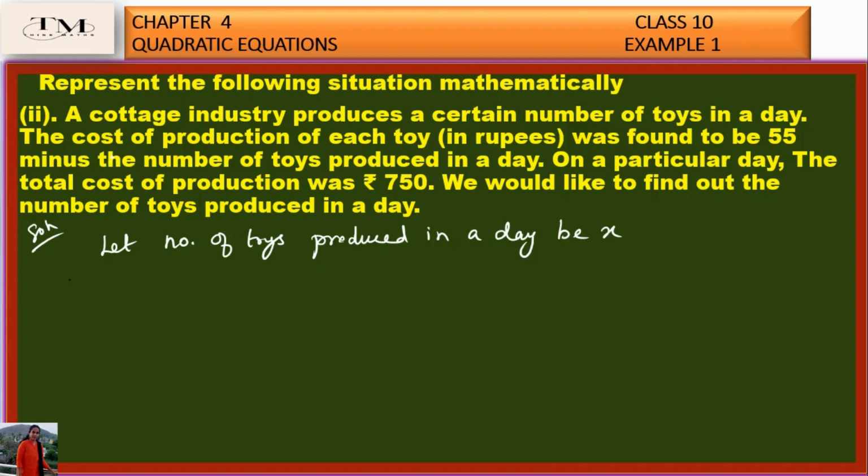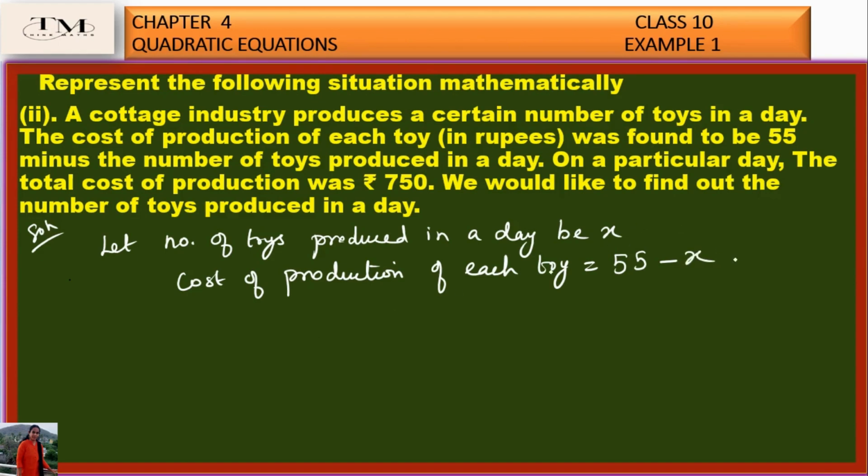What is it saying? The cost of production of each toy was found to be 55 minus the number of toys produced in a day. How many toys are produced in a day? x. So the cost of each toy is 55 minus x.